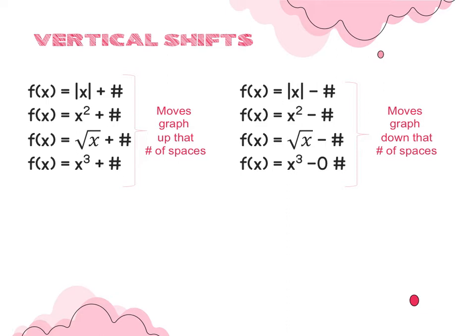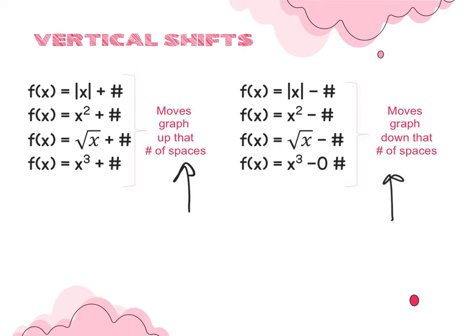So when there is a number being added to your function, whether it's an absolute value function, a square function, or a square root or a cube root, and it's not in any kind of grouping symbols or parentheses, when it's being added, it's going to be a vertical shift up. If it's being subtracted from your function, then that will be a vertical shift down.